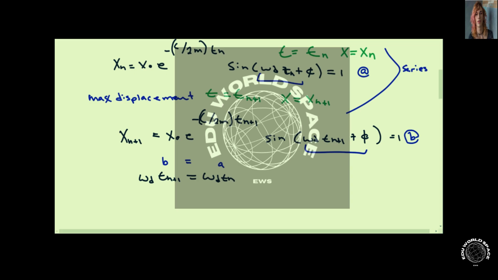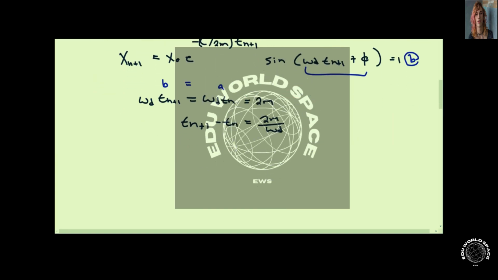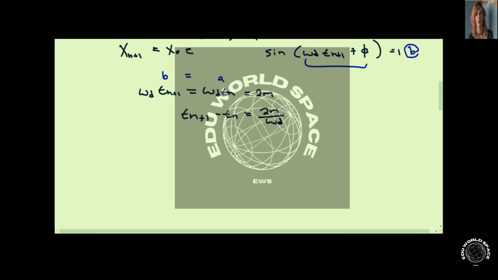And from this, we get 2 pi. We bring this over to here, and we end up with wd tn plus 1 minus wd tn equals 2 pi. So now we're just going to have this divided by each other, xn over xn plus 1.